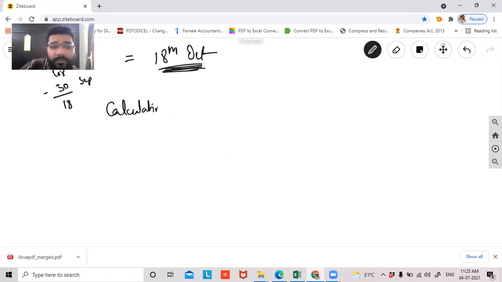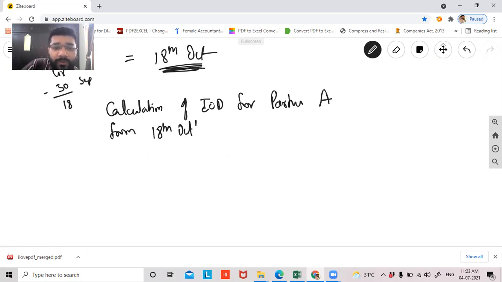Calculation of interest on drawing for partner A from 18th October 2019 to 31st March 2020. So guys, please tell me what is the amount of drawing.